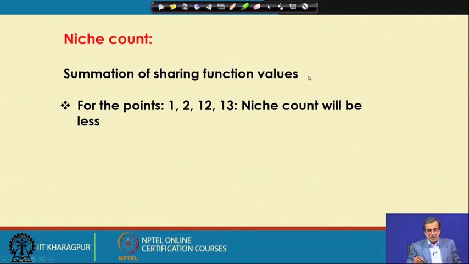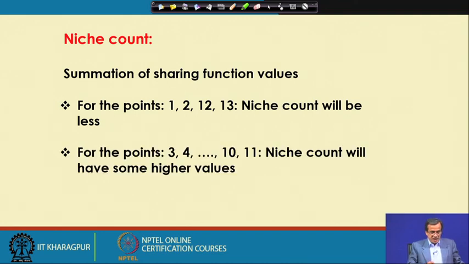If I assume that there are 13 points on the rank 1, for each of the 13 points we try to find out the niche count value, and we will get the information that the niche count for the points 1, 2, 12 and 13, which are too far from the other points, will be less, and for the points which are lying very close to each other, that is 3, 4, 5, 6 up to say 11, the niche count value will be somewhat higher.